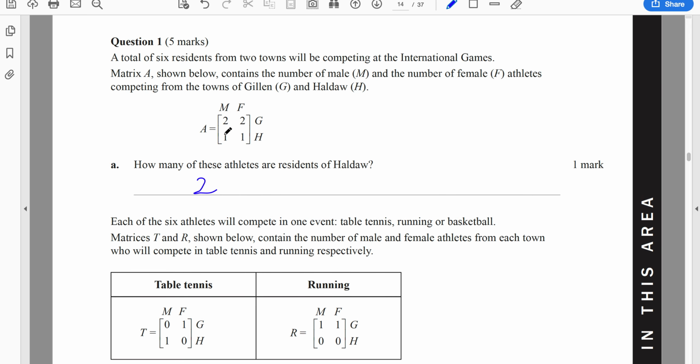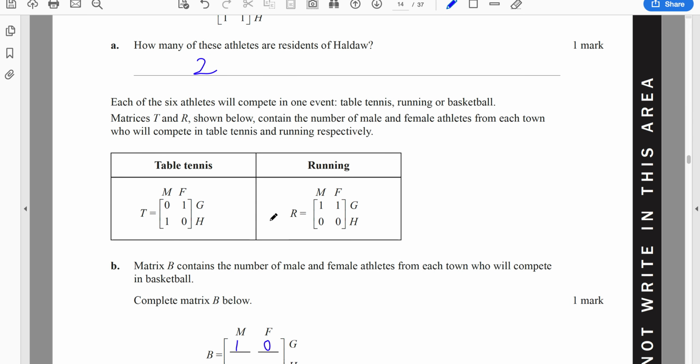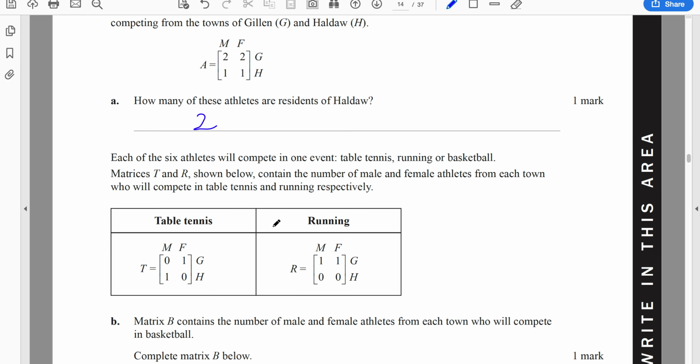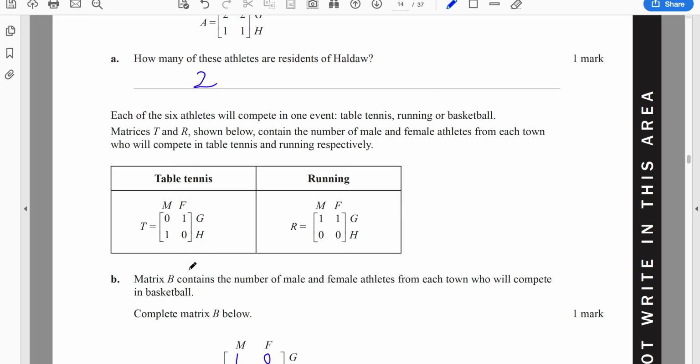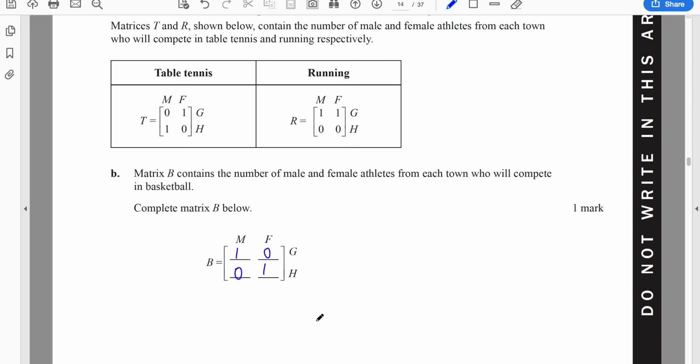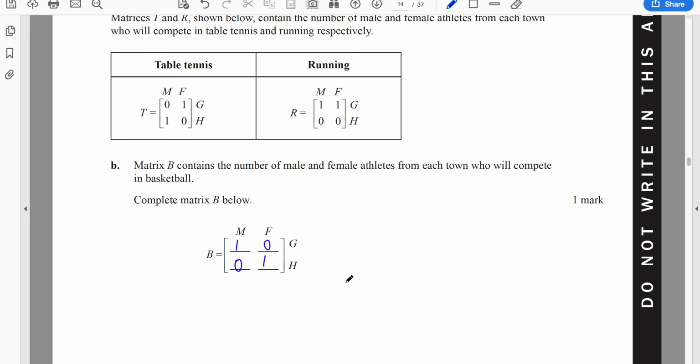And we'll finish that off. There is 1 male from H. And we've got that male accounted for here. So we'll have a 0. And finally, for the females from H, I've got none in table tennis, none in running. So that female needs to be here. So that's how we get that matrix, our answer for part B.